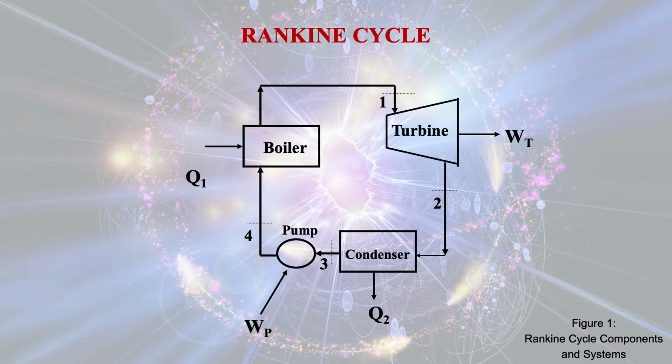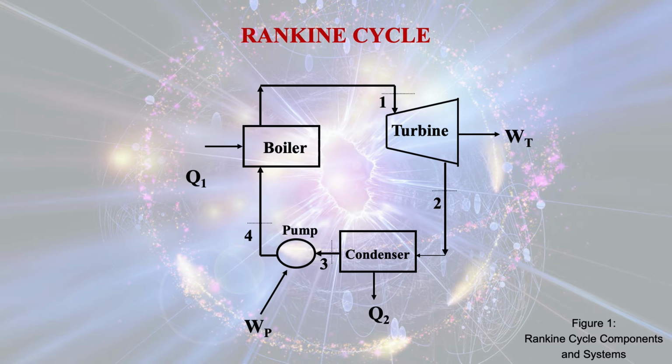Inside the condenser, there is heat transfer from the working fluid, that is low pressure, low temperature steam, to the cold water, which is circulating in coil for heat transfer, and Q2 is the heat given out by the low pressure, low temperature steam to the cold fluid, which is passing through the coil inside the condenser.